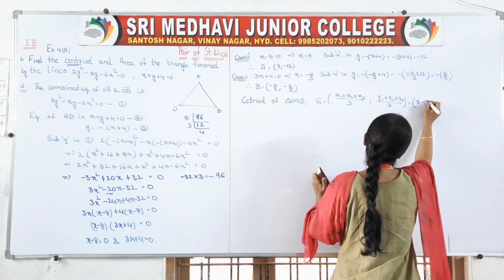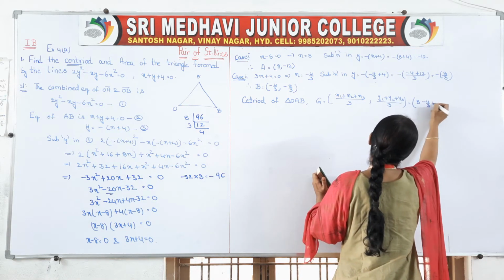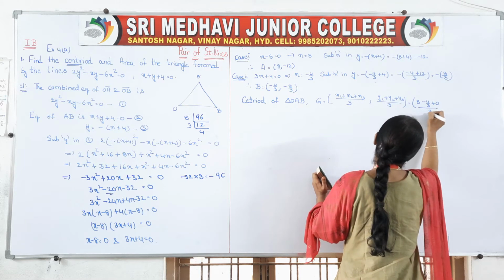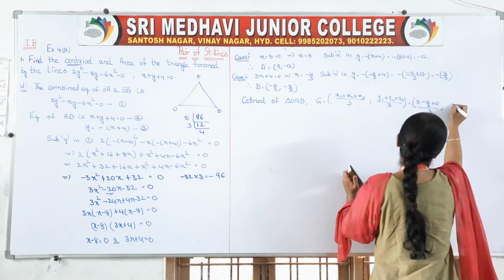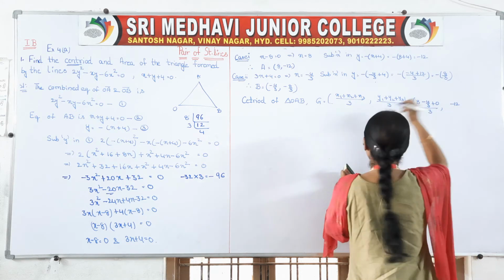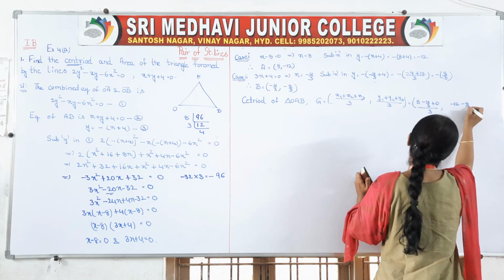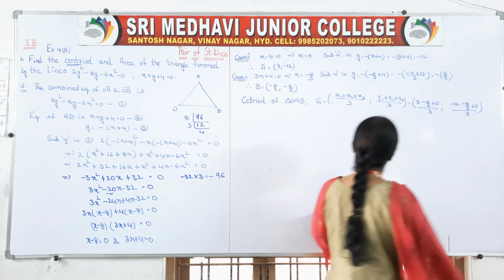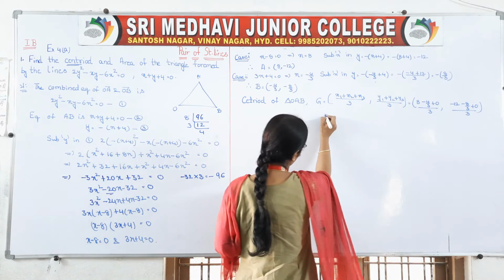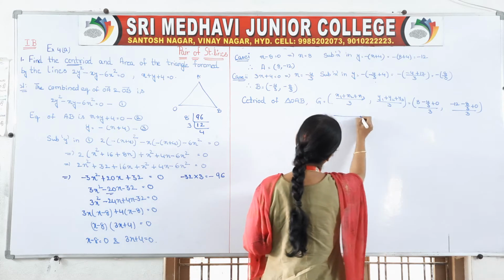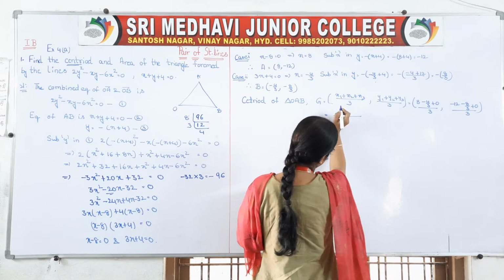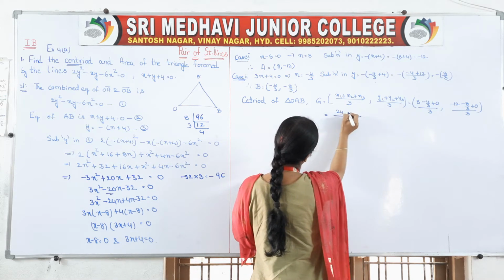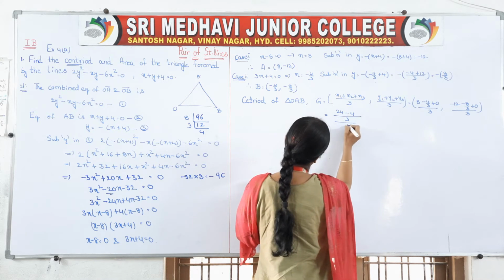Next, minus 4 by 3 plus 0 by 3. Next value, minus 12 minus 8 by 3 plus 0 by 3. So it is equal to, what is the LCM? 3 is the LCM. 8 3s are 24 minus 4 by 3.